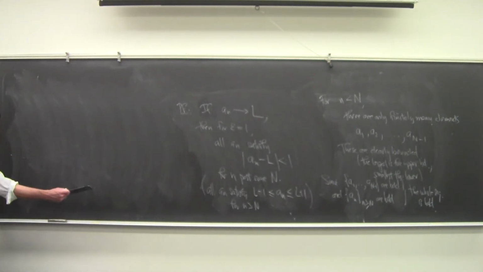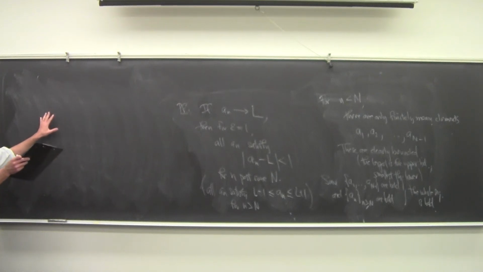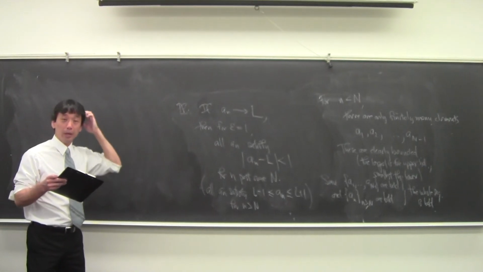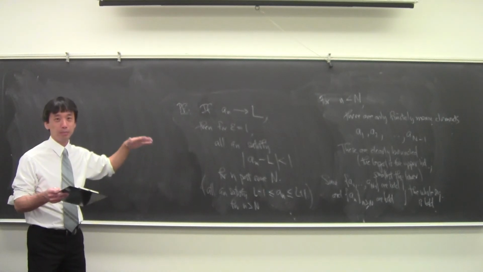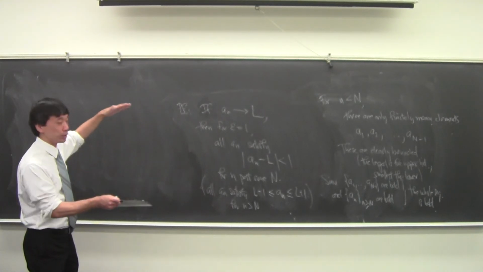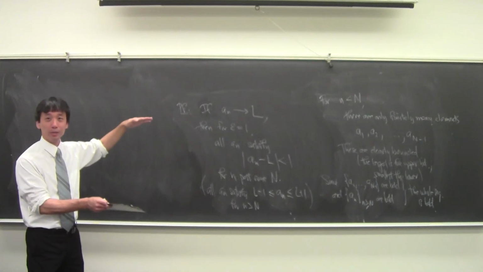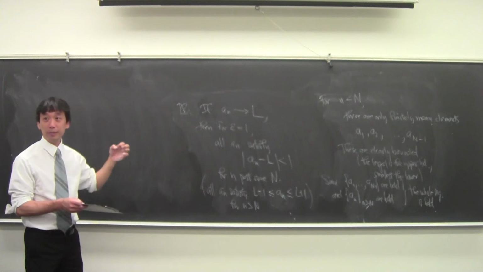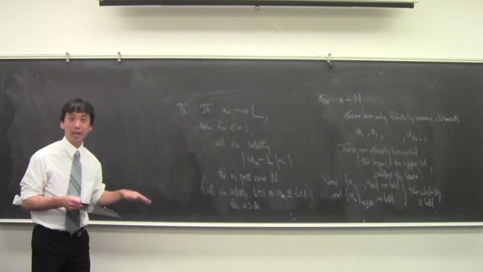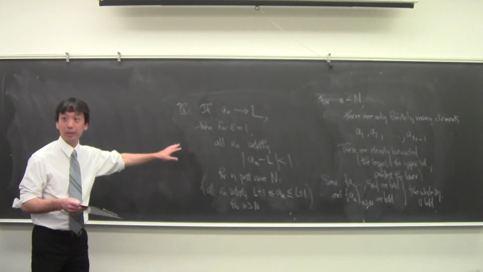Okay, so that's all we want to say about bounded sequences so far. What is a bounded sequence? It means you're trapped between lower and upper guys. And this fact: if you're convergent, then you're bounded.